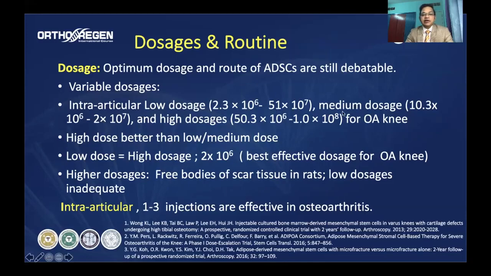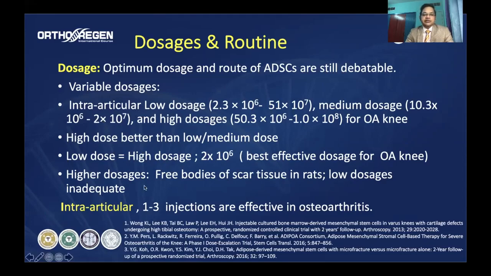The same is for the medium and the high dose, but the effect seems to be better with a high dose than the low and the medium dose. Although there is one study which shows that even if you use a low dose like 2 million cells, the effect is as good as high dose. But of course, the result may be longer lasting with a high dose.